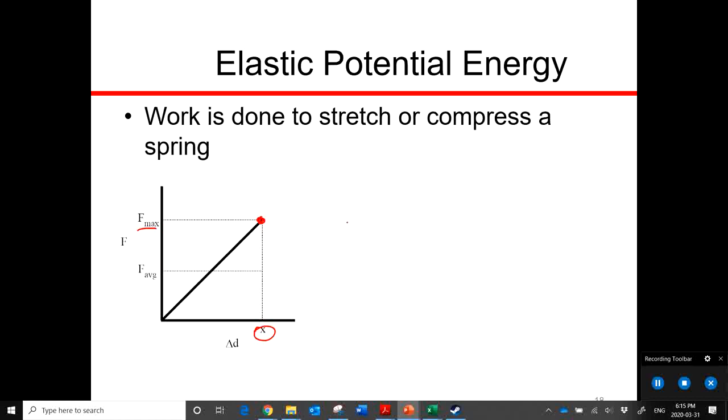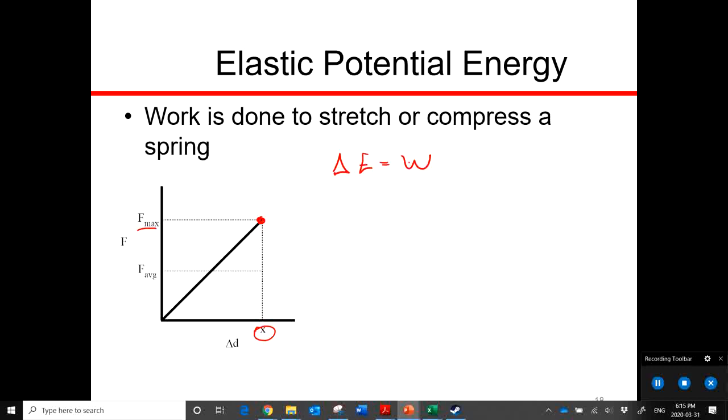So when dealing with energy, we're actually looking at the average force, which is going to be half of the maximum force. We're going to look at a couple of different ways we can think about calculating this. But first, if you remember, the change in energy is equal to the work done in a system.